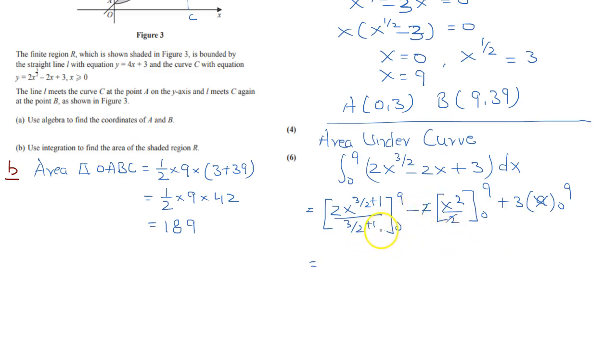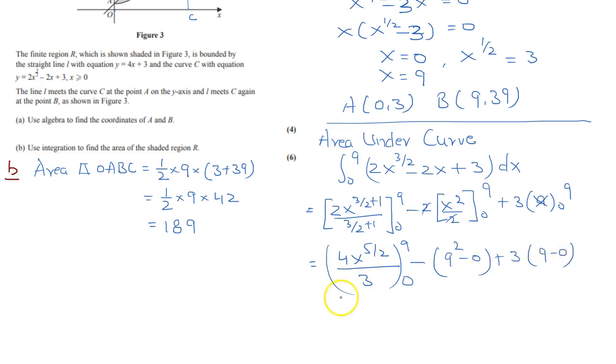So if you solve it, this is 5. So this is 4x to the power 5 over 2 over 5, from 0 to 9, minus 9 square minus 0, plus 3 times 9 minus 0. So x is 9, and 3 to the power 5 is 243, multiply 4.